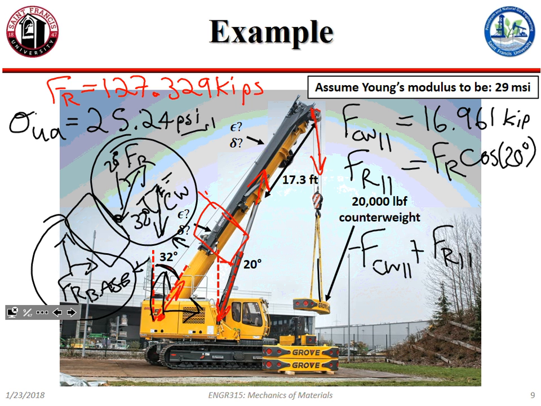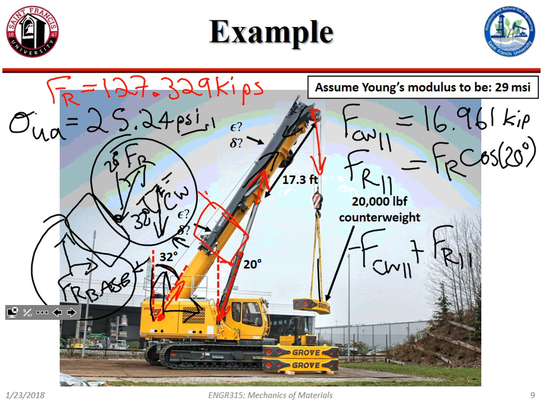So in the last slide, we computed the stress for forces that were acting kind of like that, right? We looked at a section at the top of the arm. The counterweight's pulling down. It's putting the top of the arm in compression. It's not trying to stretch it, it's trying to crush it. That's compression, and we used a positive sign for that.